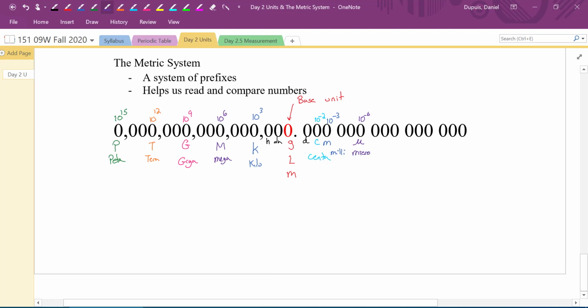We have 10 to the minus 10th, or excuse me, minus 9th, which is nano. And then right here, 10 to the minus 10, which is an angstrom. Oh, you can't really see that. That's an angstrom. It's an A with the circle.